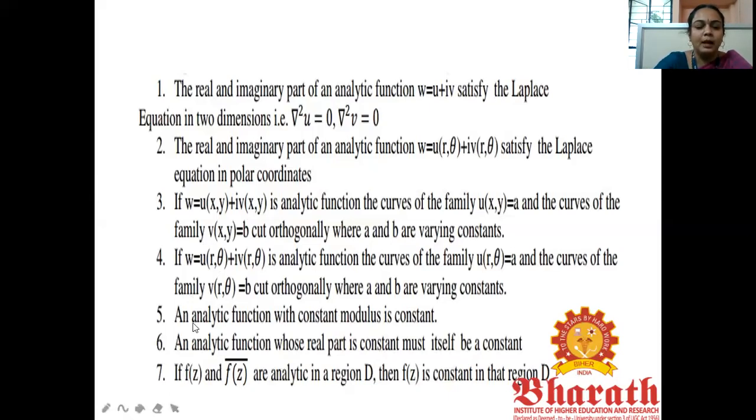Another property: an analytic function with constant modulus is constant. And an analytic function whose real part is constant must also be constant. Next property: if f of z and f of z bar are analytic, then we can say f of z is constant in the region D.